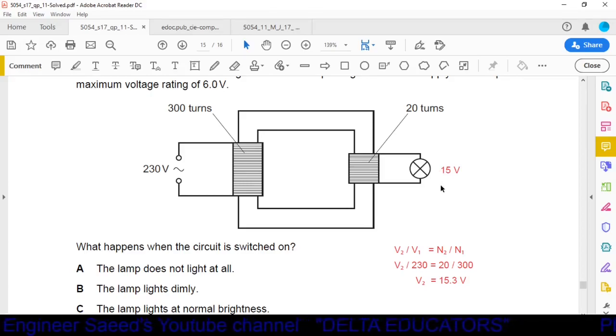First we have to find out the value of voltage when we switch on this circuit. We have studied a formula in the topic of transformer that V2 over V1 is equal to N2 over N1, where V2 is the output voltage, V1 is the input voltage, N2 is the number of turns on the secondary side, and N1 is the number of turns on the primary side.